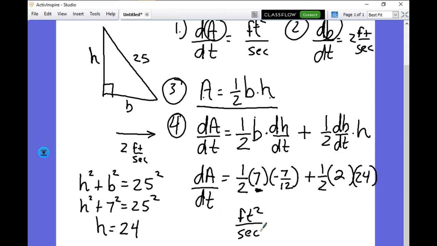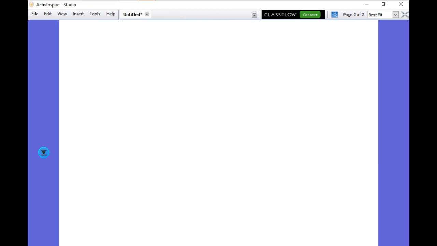Let's go ahead and take a look at number 40 now. All right, in number 40, we have a little bit of a challenge. They don't give us the picture this time, so we kind of got to draw our own picture. A balloon rises at a rate of 4 meters per second from a point on the ground that's 50 meters from an observer.